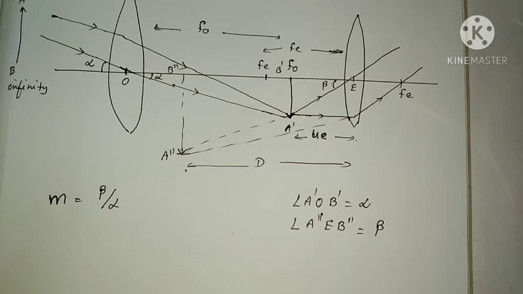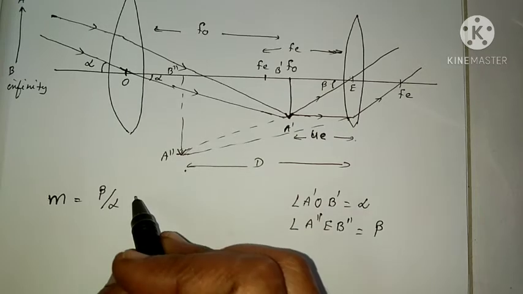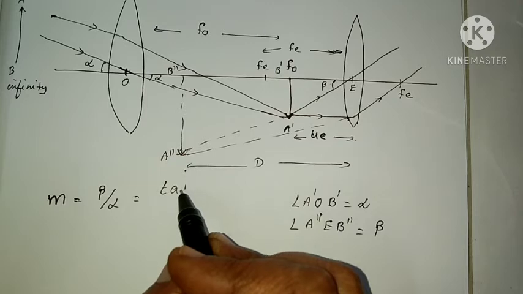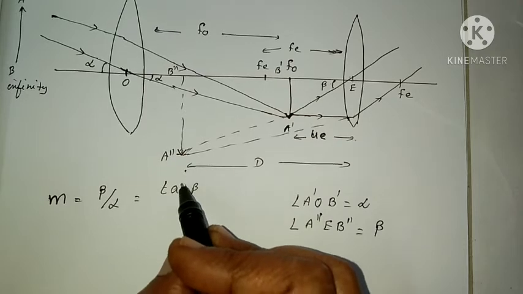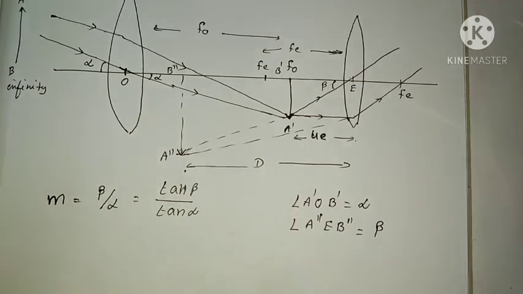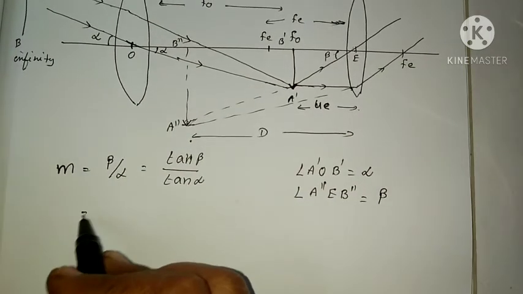So that is alpha and beta. What is the magnifying power? It is beta by alpha. For small angles, we can write beta is approximately equal to tan beta and alpha is approximately equal to tan alpha. So we can write tan beta and tan alpha from the figure.